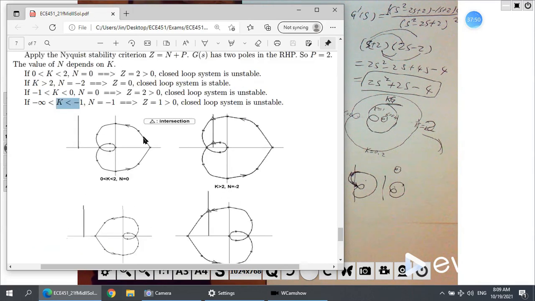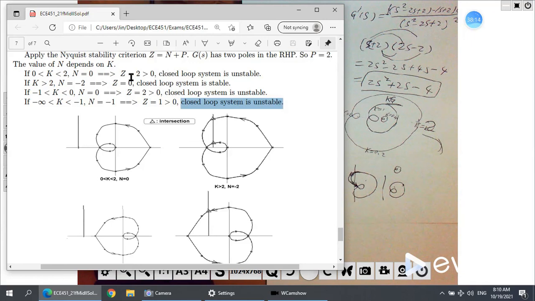N is -1. Plug in here, you get Z is 1. That means you will have one pole in the right half plane. The closed loop system, the overall system, has one pole in the right half plane. So the system is unstable.